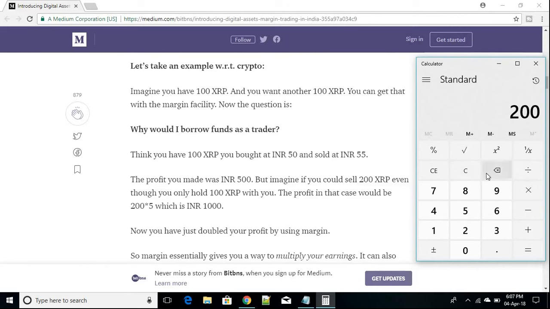So 200 into 55 is going to be 11,000 rupees. 11,000 minus 10,000 rupees, you get the profit. And out of that, for only the 100 borrowed Ripple coins you have to pay 0.055% rate of interest. So there is a small rate of interest to it.